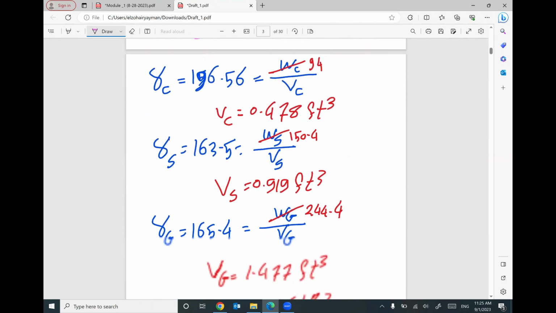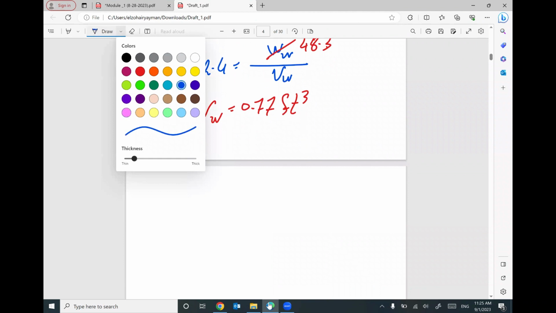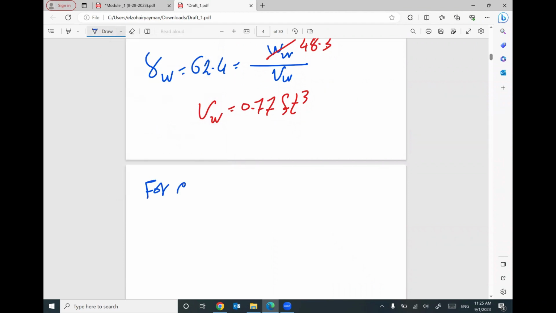That means for each one sack of cement, I can produce how much volume of concrete.